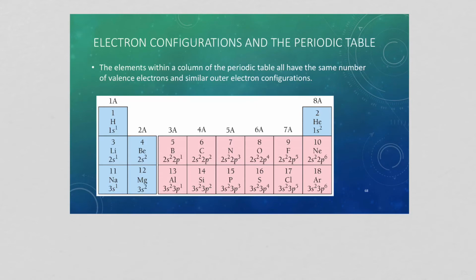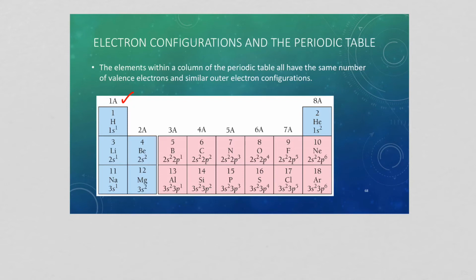Now, the other thing that starts to stand out is that as you look at columns, so groups, we notice that they have the same pattern and the same number of valence electrons. If I look at the alkali metals, for example, they all have valence electrons of s1.